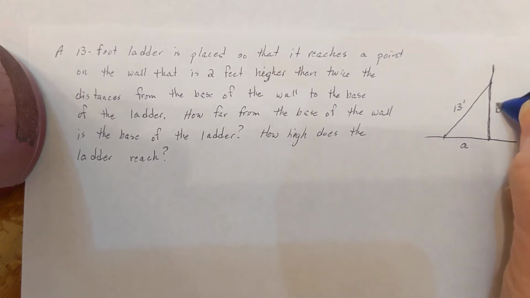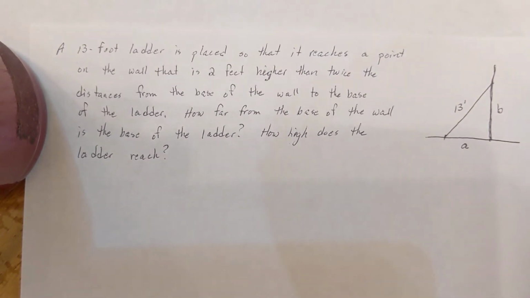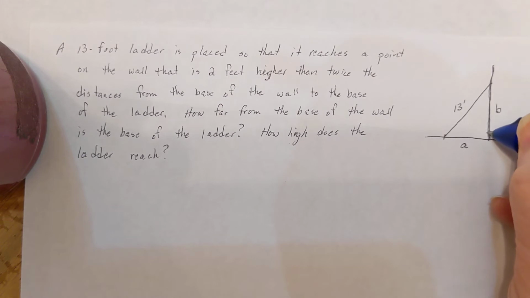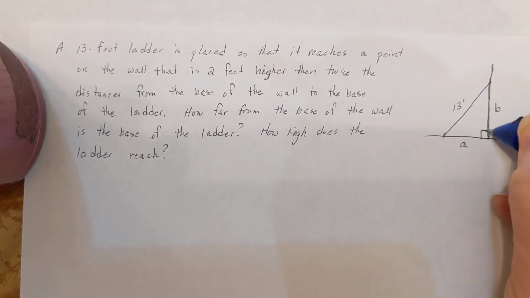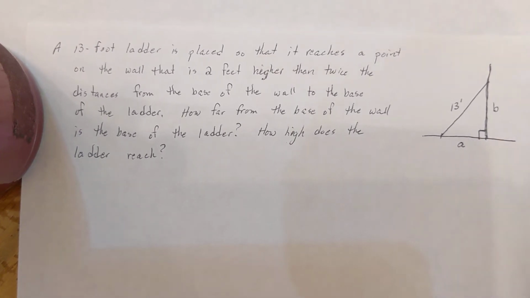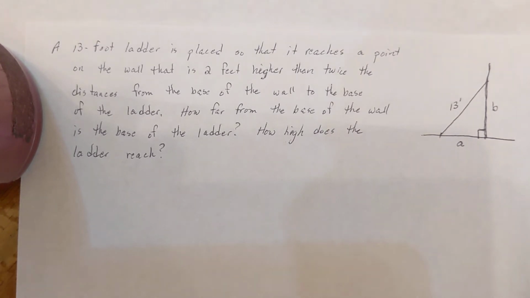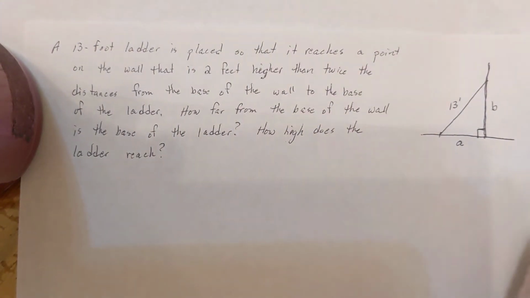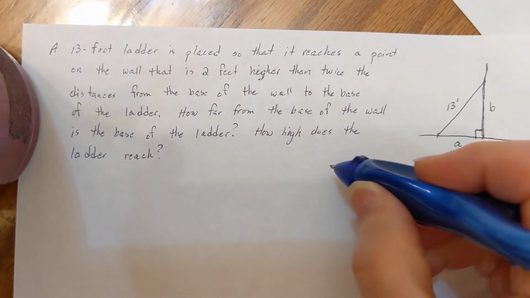I can call this B. A and B, because I already know I have a right triangle. And if I have a right triangle and I need to find the lengths of the sides or the length of the hypotenuse or something like that, odds are I'm going to be using something called the Pythagorean Theorem to solve it.